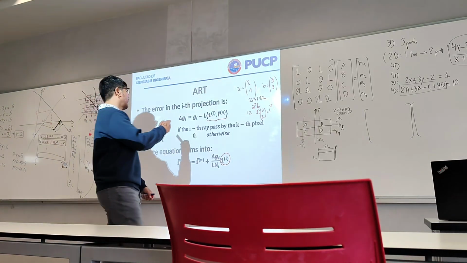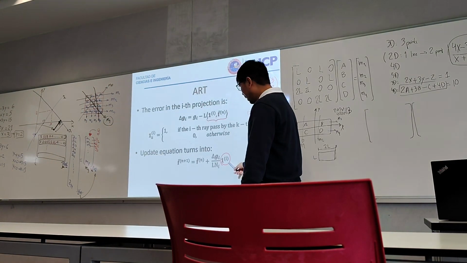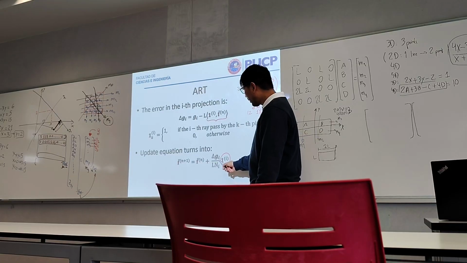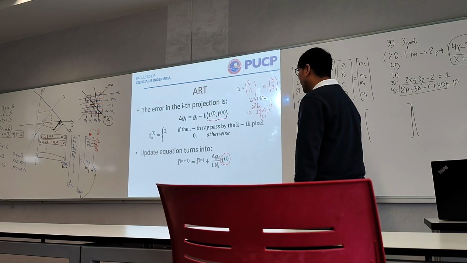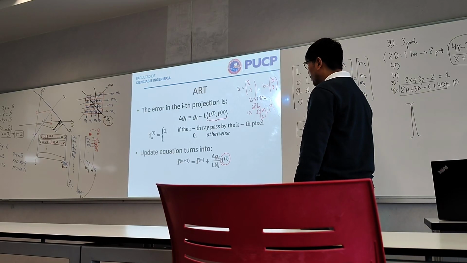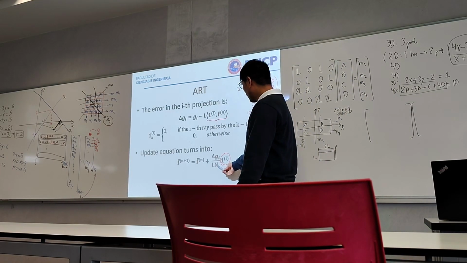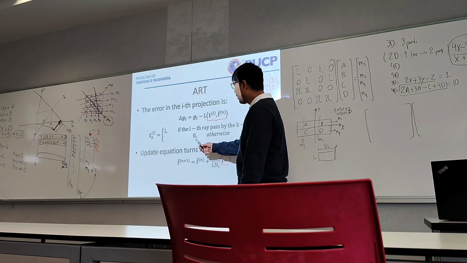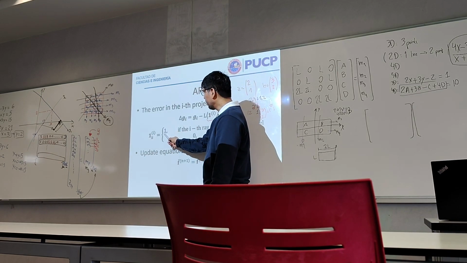Okay, so we have this delta G multiplied by the vector of ones and divided by Ni. And Ni here is how many elements different than zero are here.